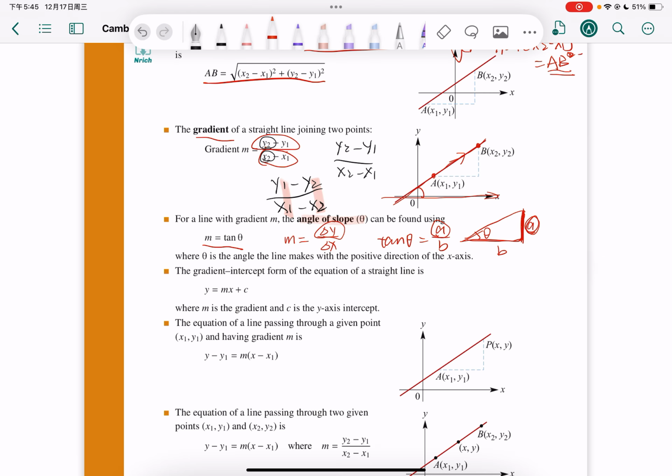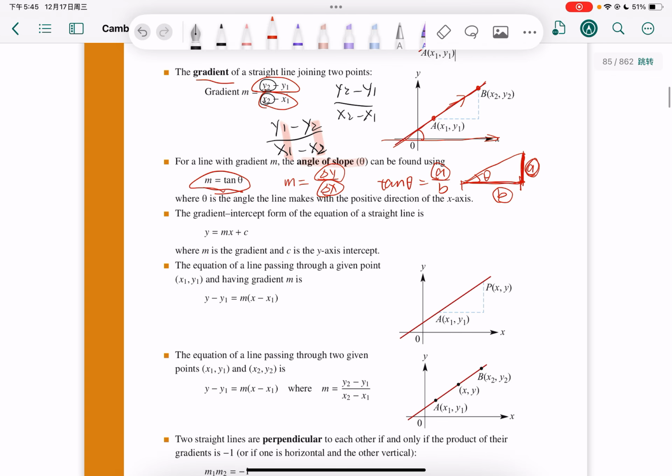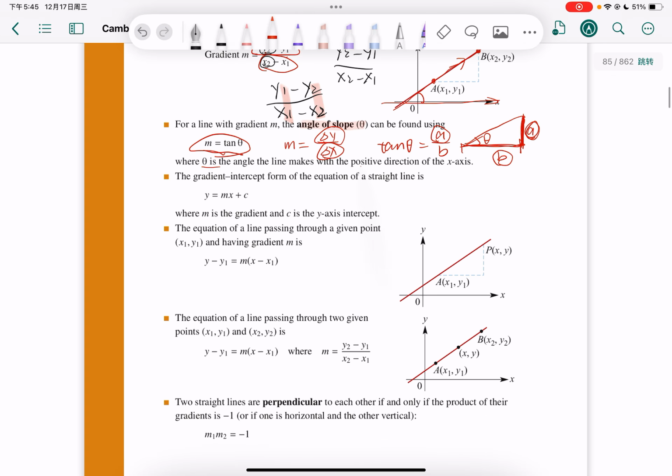And the change in x, delta x, is represented by the horizontal side, this one. So that's why the gradient is the same as tangent of the angle of the slope. And theta is the angle it makes with the positive direction of the x-axis, so here.